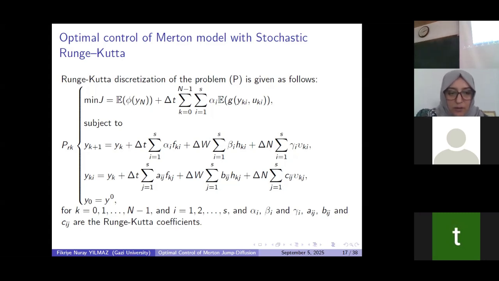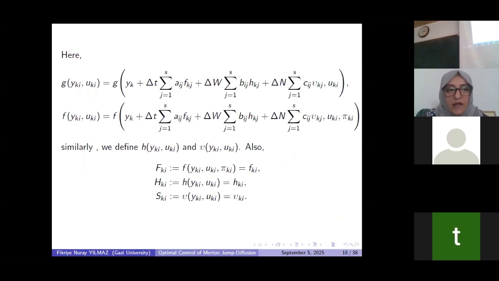Here we also have intermediate values, y_k is calculated. And also there are some other different notations, capital F, capital H, and capital S, to get the formula easily.